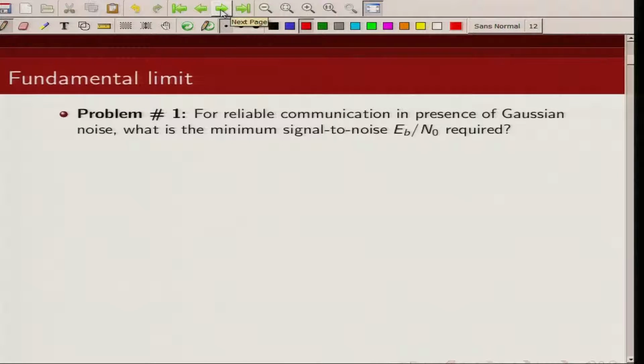So, the first question that we will try to answer is, if you want to do reliable communication in presence of an additive white Gaussian noise channel, and of course we have infinite bandwidth, what is the minimum signal to noise ratio required?